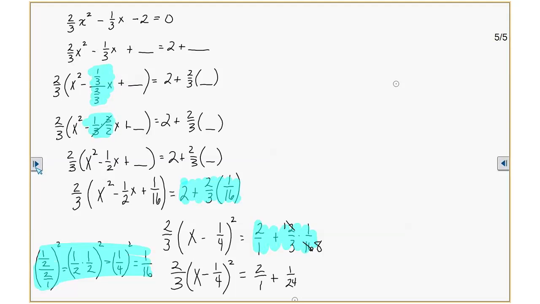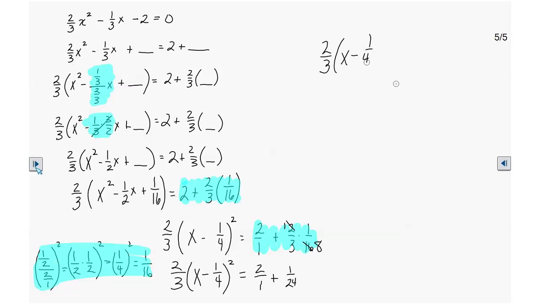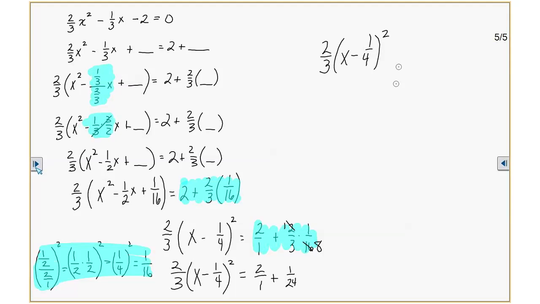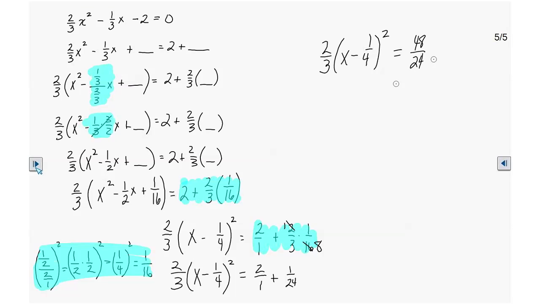Okay, I'm officially lost. 2/3 x minus 1/4 quantity squared is equal to, oh gosh, 48/24 plus 1/24.